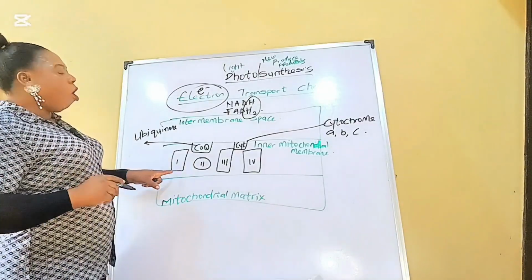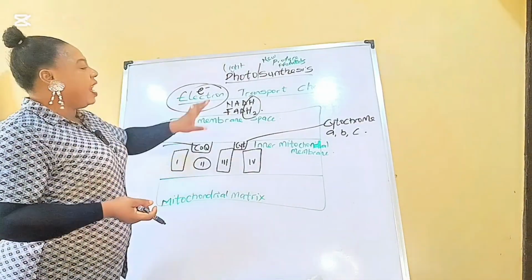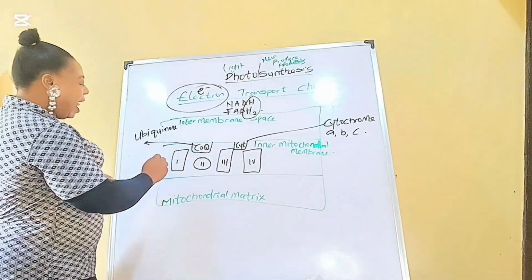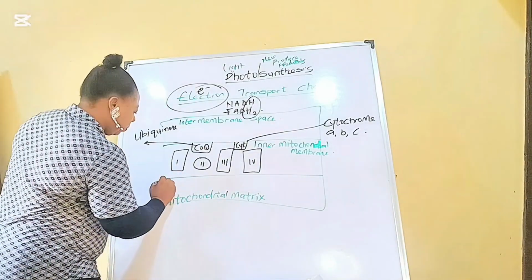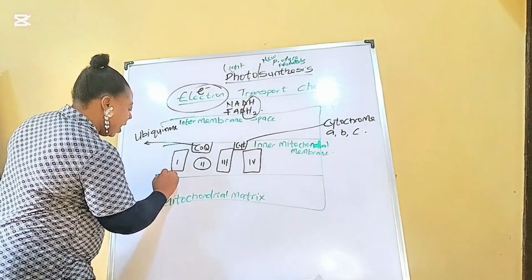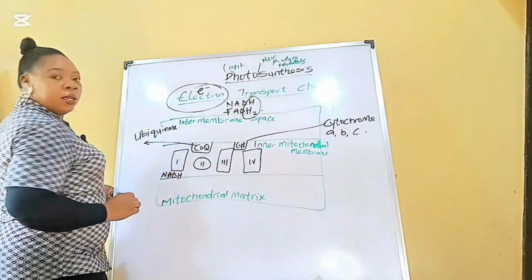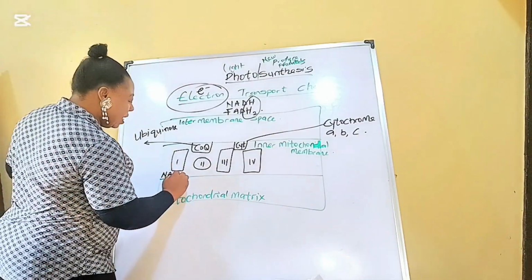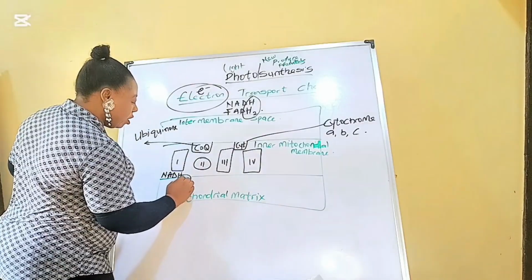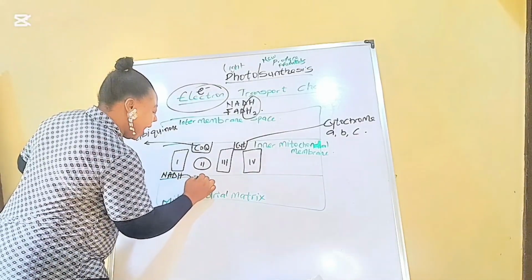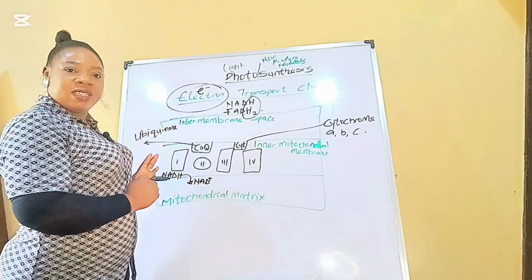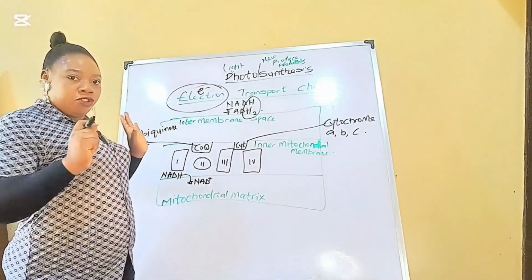So now for complex 1, NADH, we come to complex 1. When NADH comes here, it will release its electron. So NADH will be converted to NAD plus, because we've taken what we are interested in out of it, which is the electron.